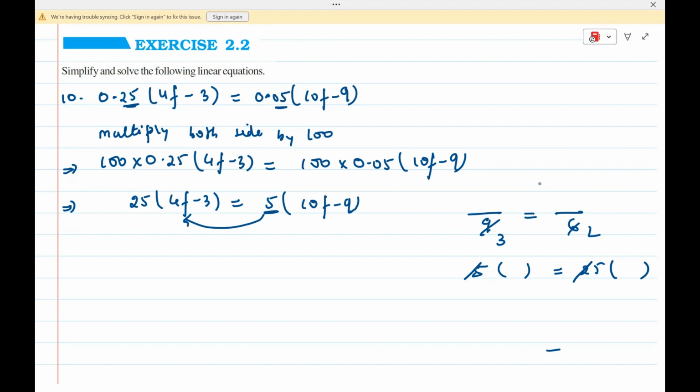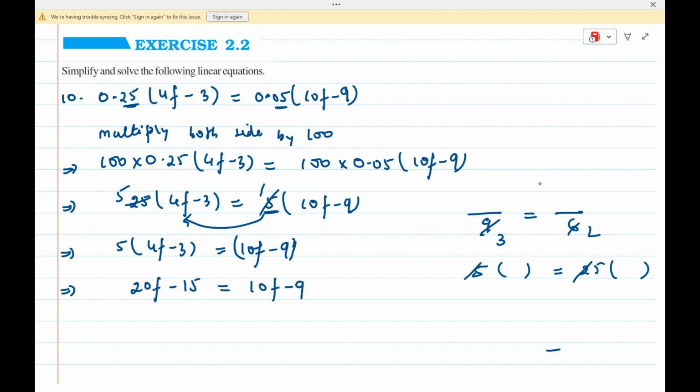When it comes to the left, it is going to be division. So if it is division, we can cut it. So 5 ones are 5, 5 fives are 25. So the simplified equation is 5(4f minus 3) equals 10f minus 9. Multiply 5 inside. So 20f minus 15 will give you 10f minus 9.